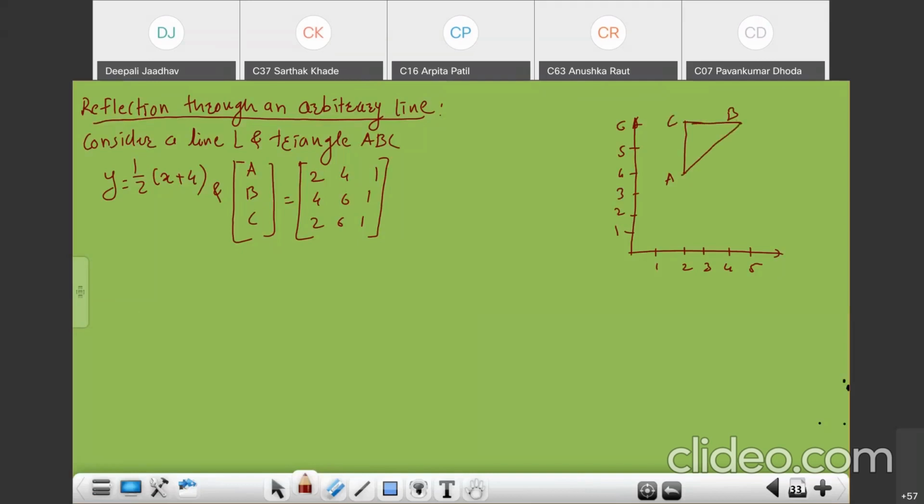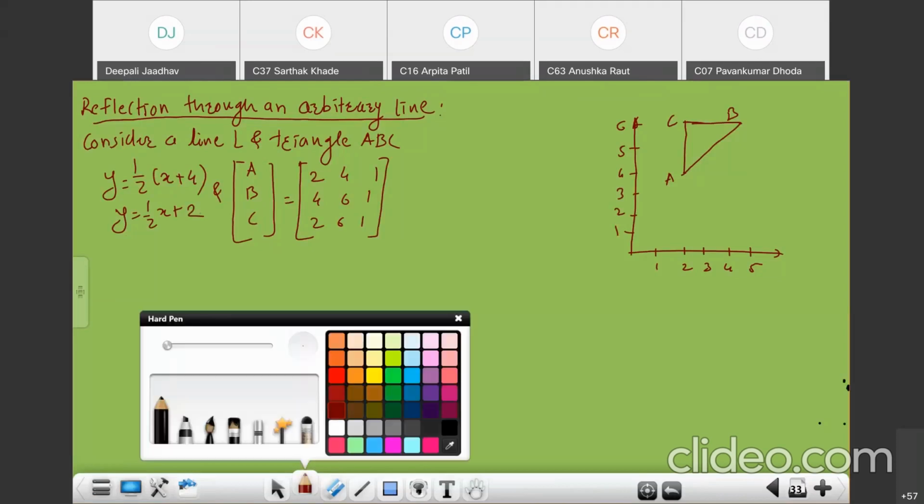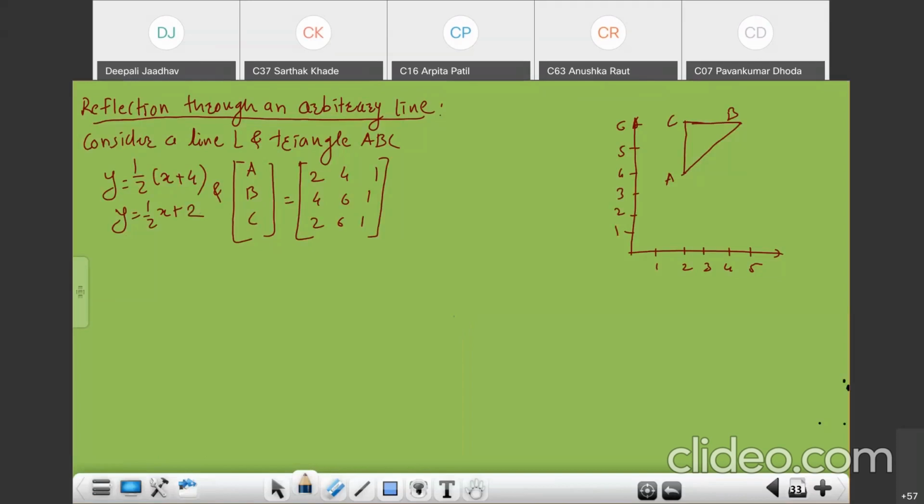That is our triangle. And the equation of line is y is equal to 1 half x plus 4. So it is the y-intercept. What is the y-intercept of this line? So I draw it as a rough line. It is not actually the correct one, but it's like this.